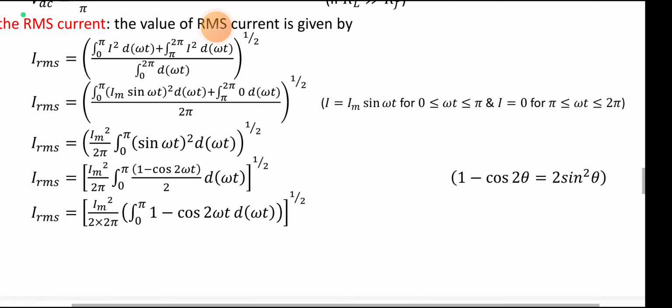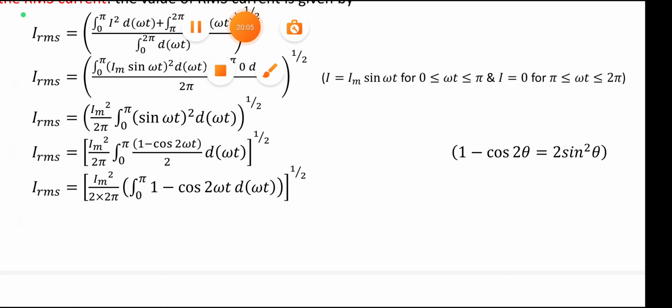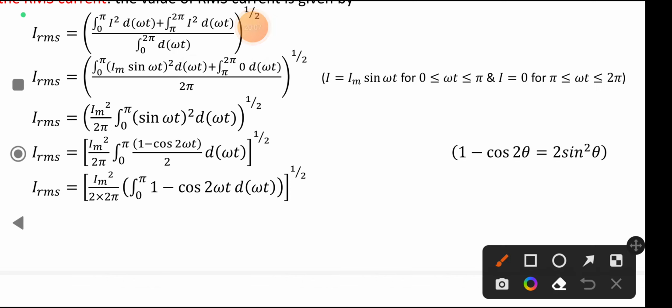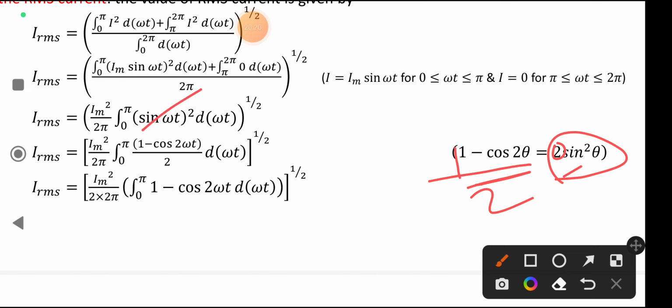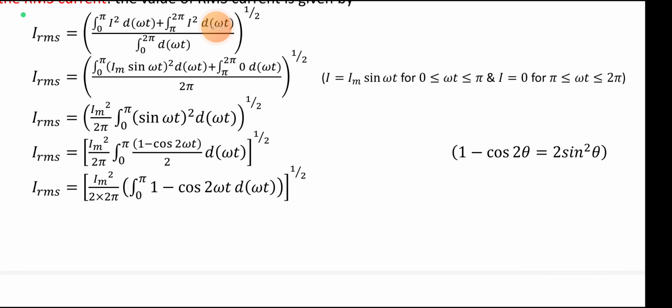Using the sine square formula, 1 minus cos 2 theta is equal to 2 sine square theta, so 1 minus cos 2 theta by 2 is equal to sine square. So in the place of sine square we write 1 minus cos 2 theta by 2.